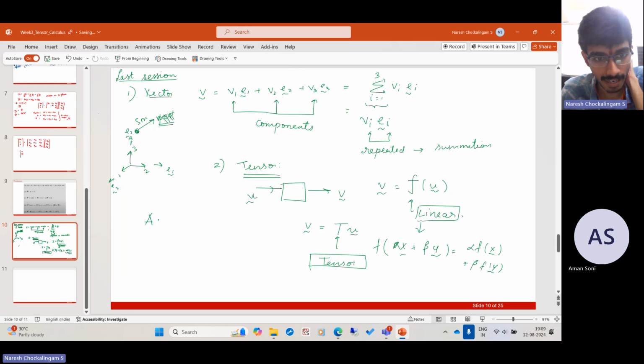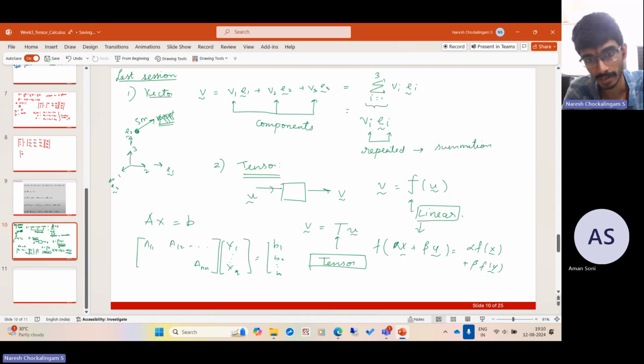For example, take the matrix system of equations Ax equal to b. In terms of components, this is a11, a12, and so on up to ann, times x1, x2 up to xn, equal to b1, b2 up to bn. So here the summation goes like the sum over j of aij xj is equal to bi.